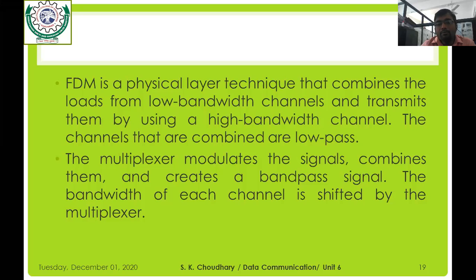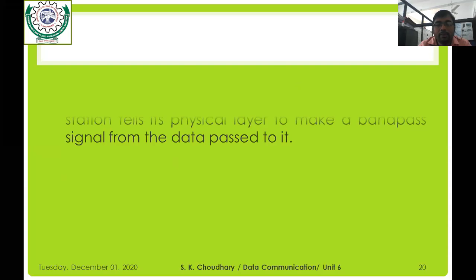In FDM, we use multiplexers to modulate the signals and combine them to create a band pass signal, and the bandwidth of each channel is shifted by the multiplexer. This is what we follow in the FDM technique: we use the physical layer, with low bandwidth channels transmitted over a high bandwidth channel, then multiplexed and combined to create a band pass signal.